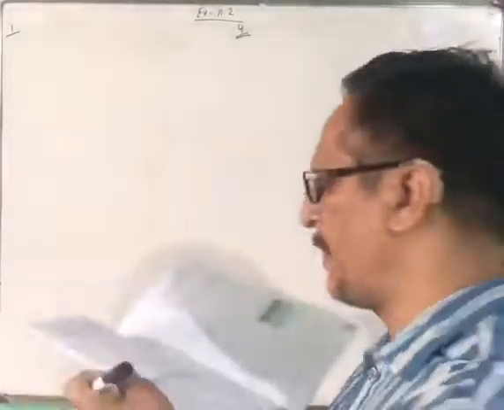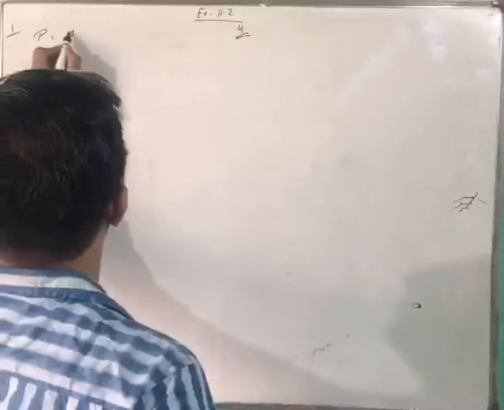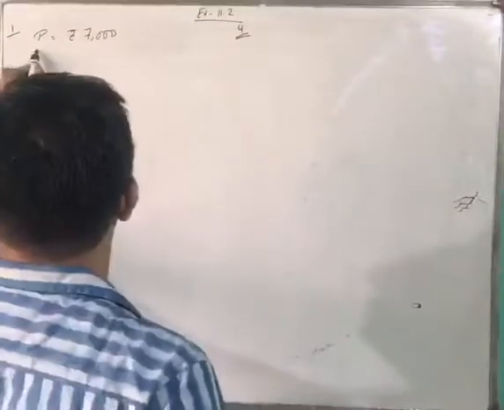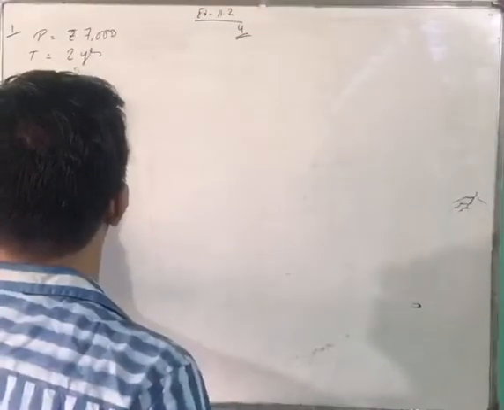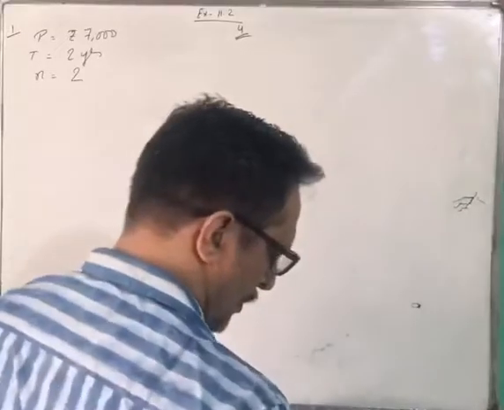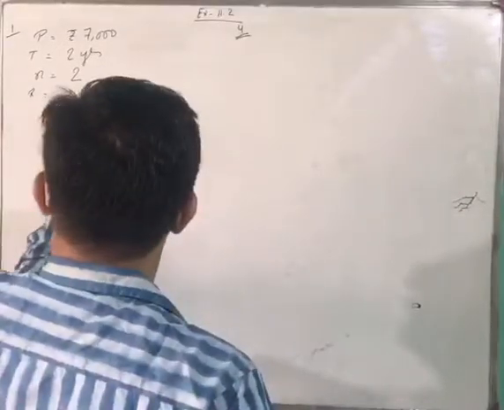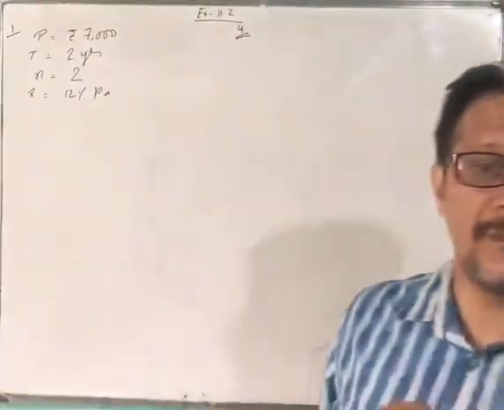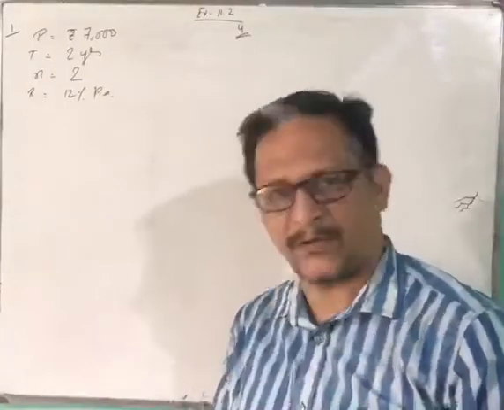So let's see. Principal given is 7,000, and time is given here as 2 years. So the number of conversion periods is 2. The rate is 12% per annum. You must keep in mind that the rate given here is 12% per annum. So you have to find out the compound interest.